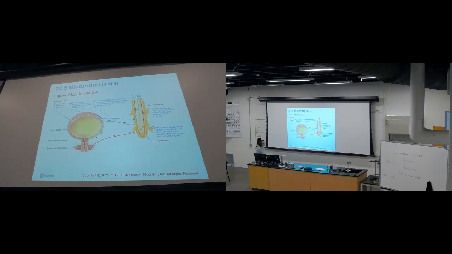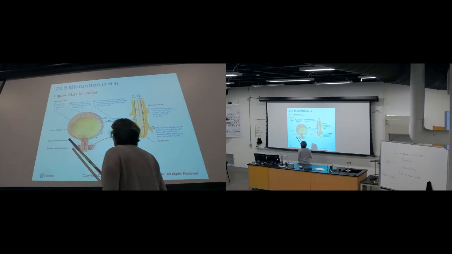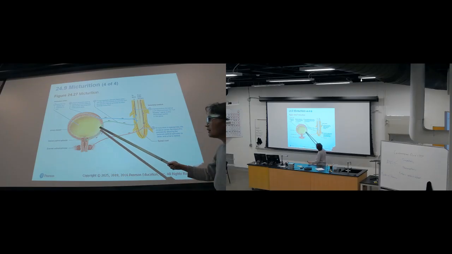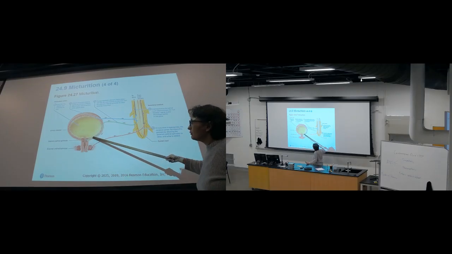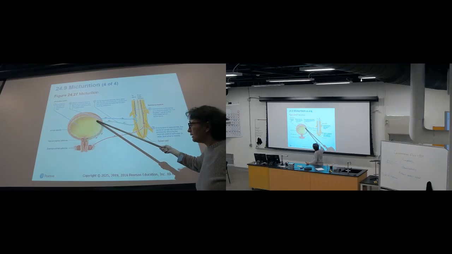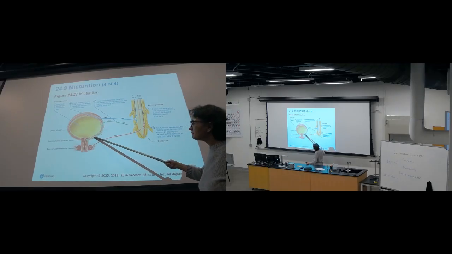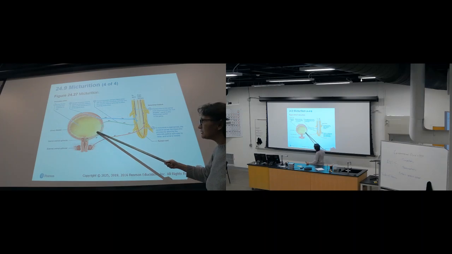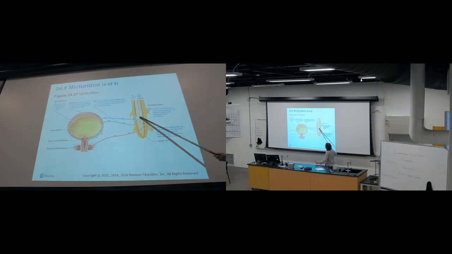So here are the reflexes that control micturition. Again, in this case, we have a full urinary bladder with completely stretched receptors, the baroreceptors, that send an afferent signal at the level of S2, S3, and then you have an interneuron that brings this information into the pons initially, and later you can combine that into the cerebral cortex.